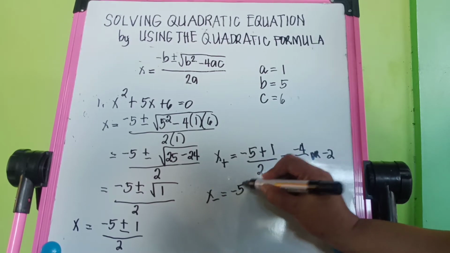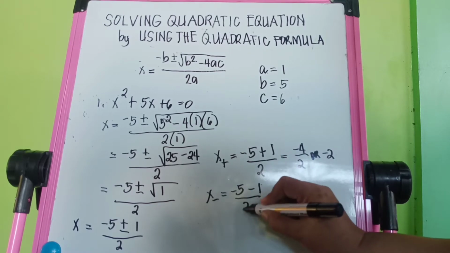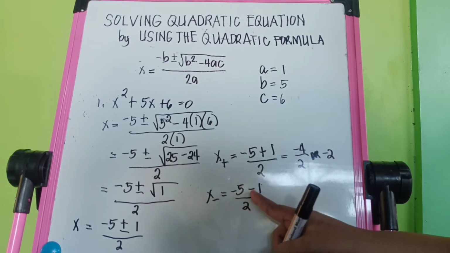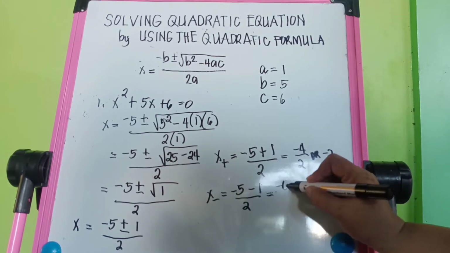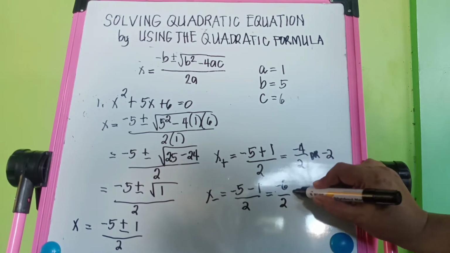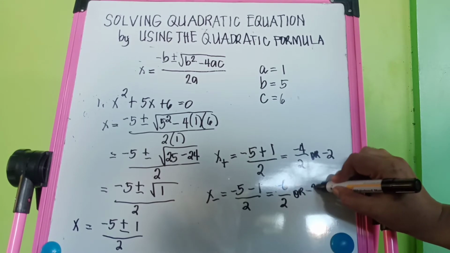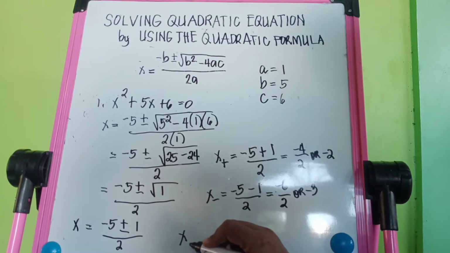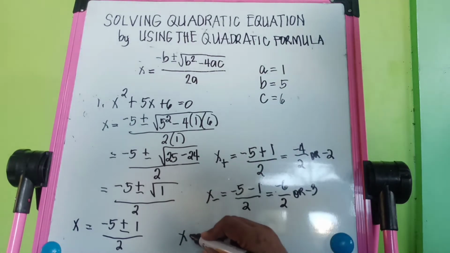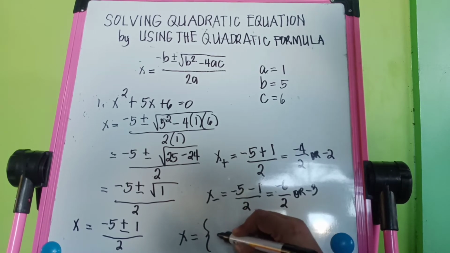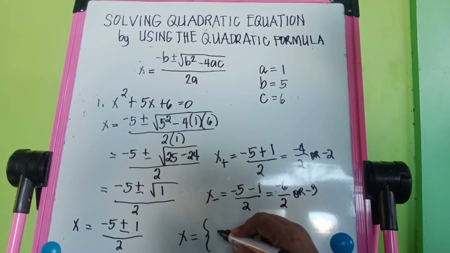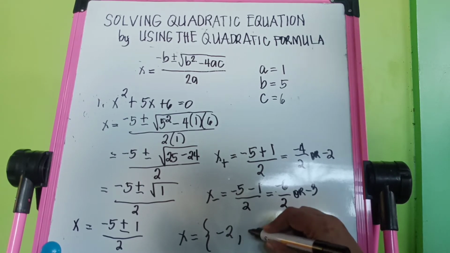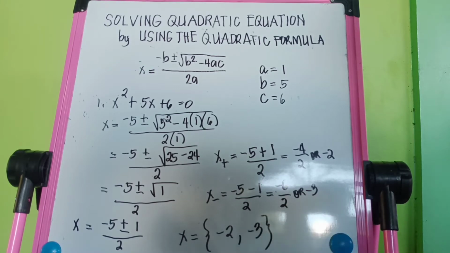So, negative 5 minus 1 over 2. So, negative 5 minus 1 is negative 6 over 2. Or, this is now equal to negative 3. So, now, the solution set of the equation x squared plus 5x plus 6 are negative 2 and negative 3. Okay, so this is now the solution set.